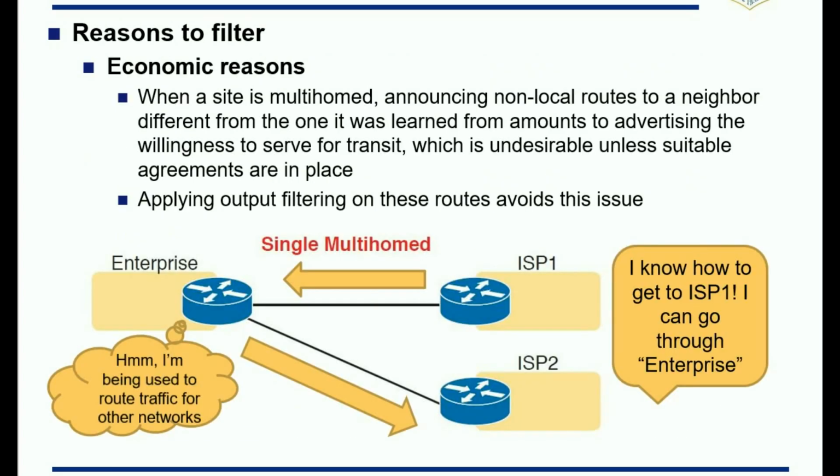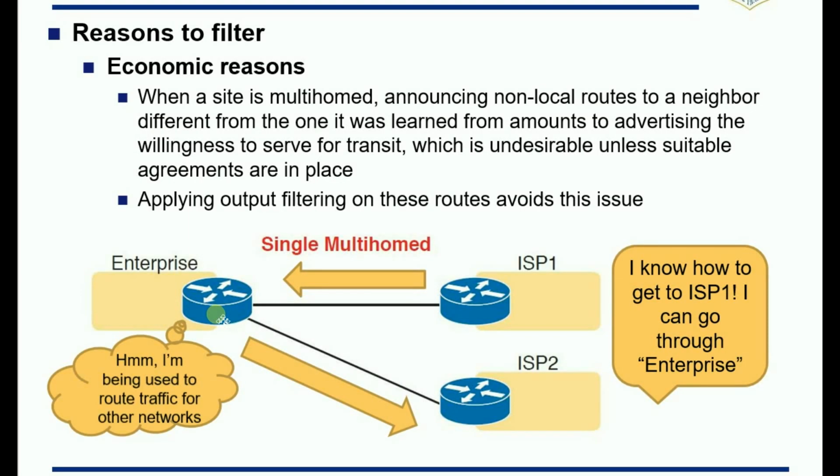Now, why do I need to filter? Well, there could be some economic reasons. If you are an enterprise multi-homed to multiple ISPs, ISP1 right here is going to advertise some routes to you. Then if you have a relationship with ISP2, you may advertise those routes to ISP2. Now ISP2 knows how to get to ISP1 and is going to go through you.